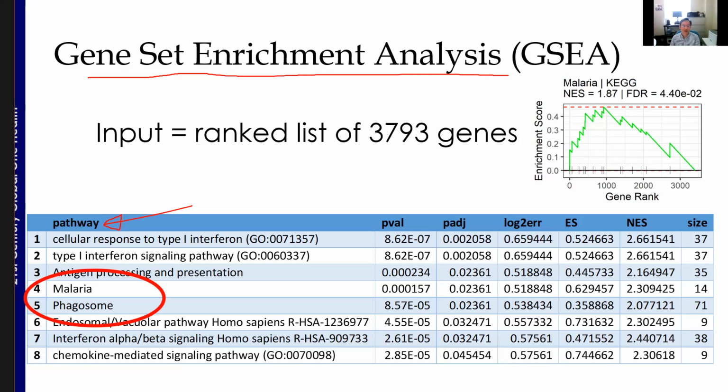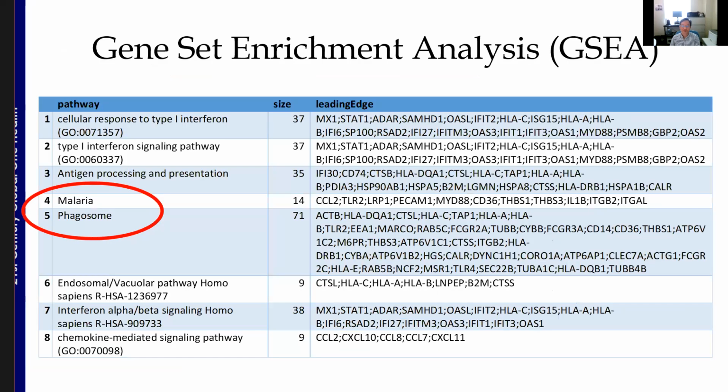More interestingly, there are malaria and pathogen, these two pathways were found to be significant in addition to the interferon signaling, and we know those are immune signaling pathways, so we expect to see those, but these two give us a surprise.